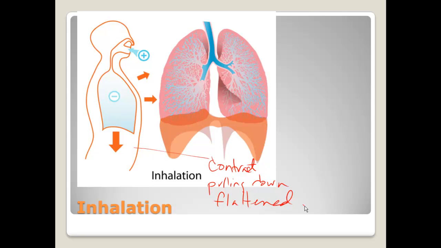So when it contracts, it pulls down. Negative pressure is created inside this cavity. It's sealed. Remember, the pleural membranes and the diaphragm seal it.